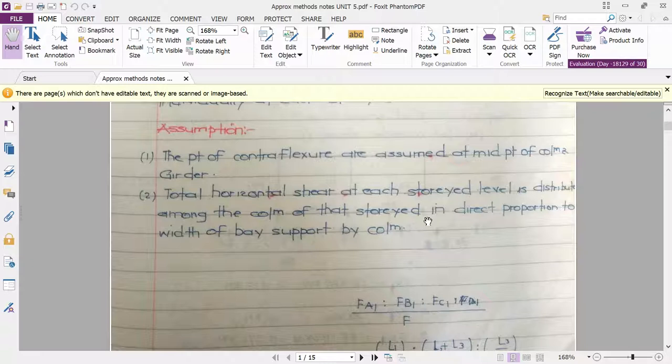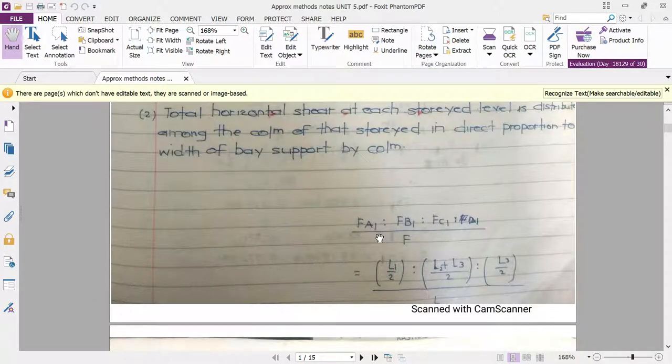Then the total horizontal shear at each story level is distributed among the columns of each story in proportion to the width of the bay supported by the column. For example, force in member A : force in member B1 : force in member C1 is divided by the summation of all the forces.